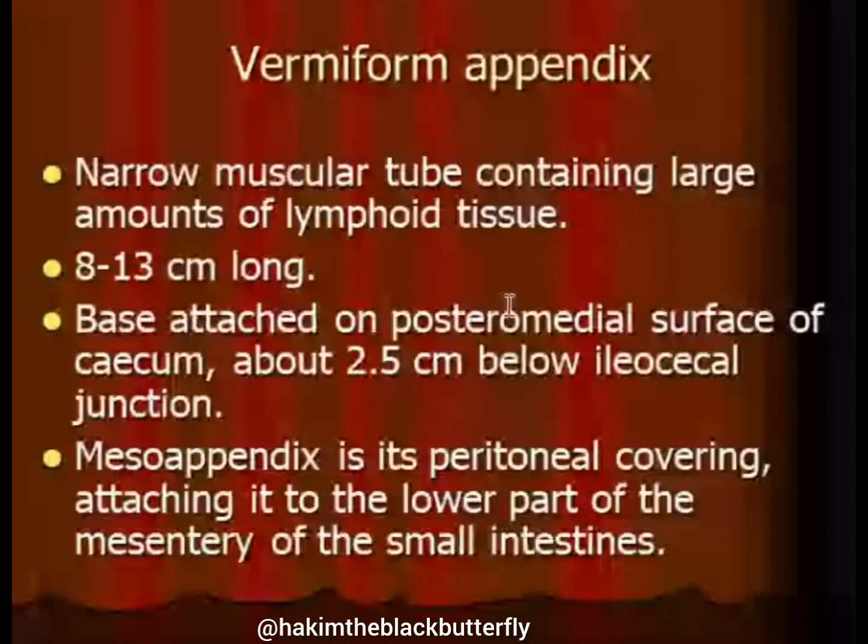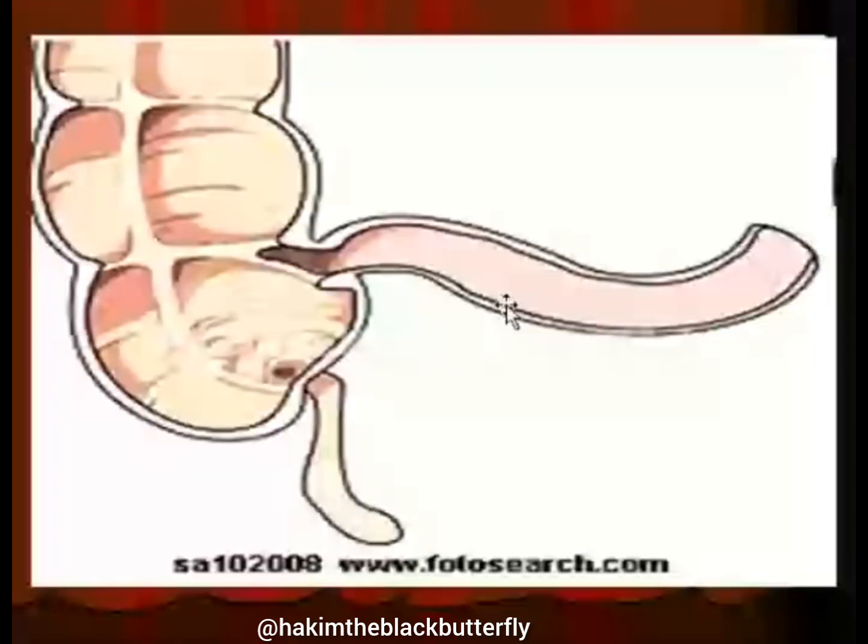The entrance of the ileum into the cecum, the ileocecal junction guarded by the ileocecal valve, and this is the entrance of the appendix into the cecum. They are on average 2.5 centimeters apart.